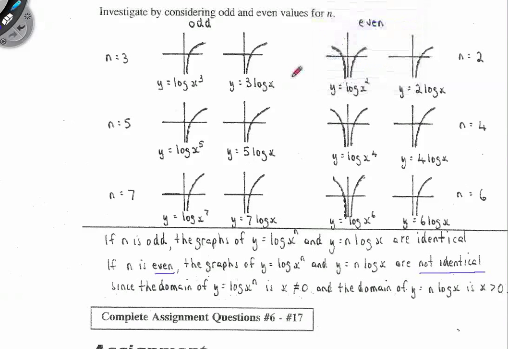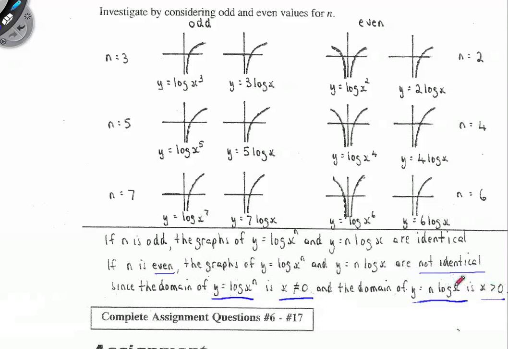Hold on. Okay, so what this is saying here at the bottom is the domain of this is just x cannot be 0. X can be positive or negative numbers, but not 0. However, the domain of this, x has to be greater than 0.